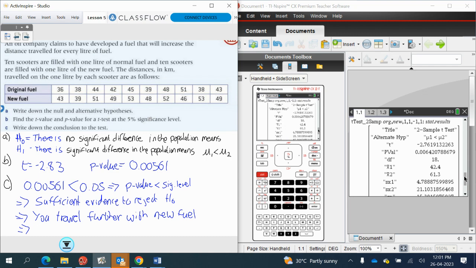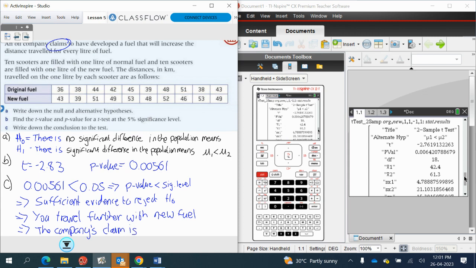With these, pay attention to this. With these type of things, if a claim has been made, you must say whether the claim is valid or not. In this case, the company claims, so use the word claim: the company's claim cannot be rejected.